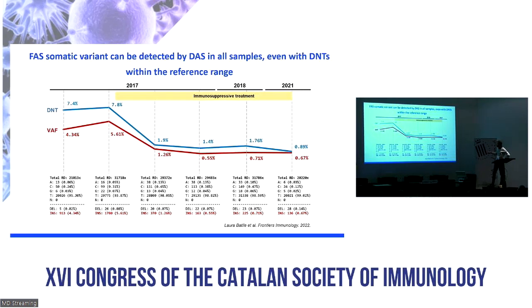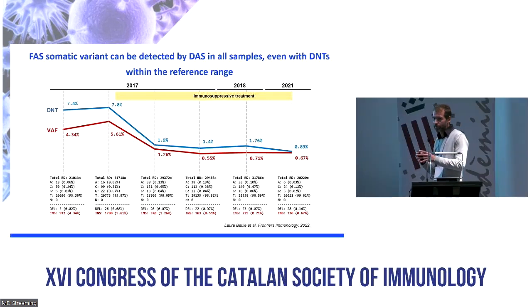And we used this NGS approach with high coverage, meaning that at the position of the mutation, we have at least 20,000 reads to identify this variant. So we are able to identify the variant in patients under treatment. However, I have to say again that in this case, we had the advantage that we know the specific variant.